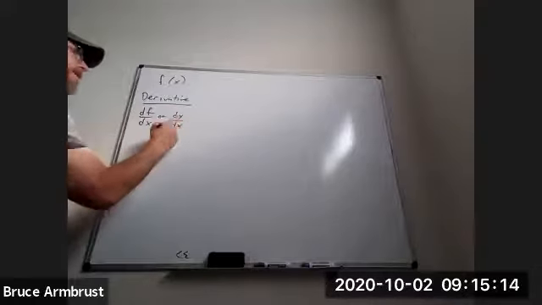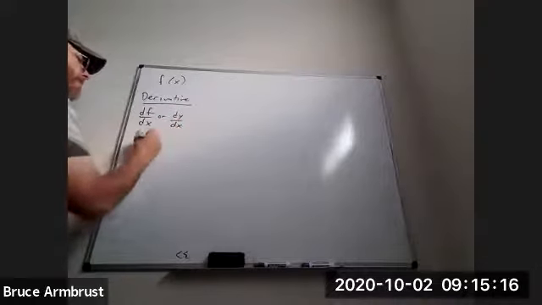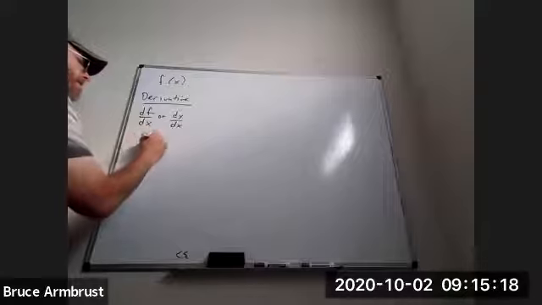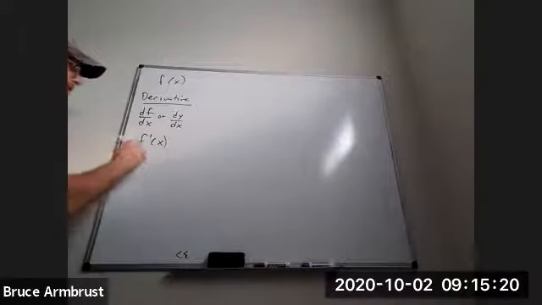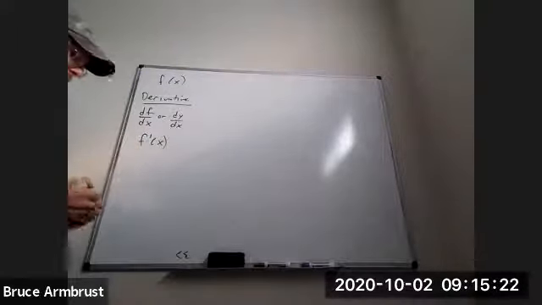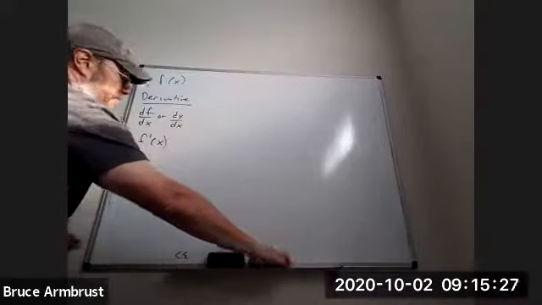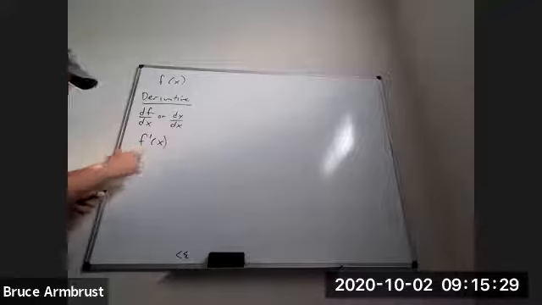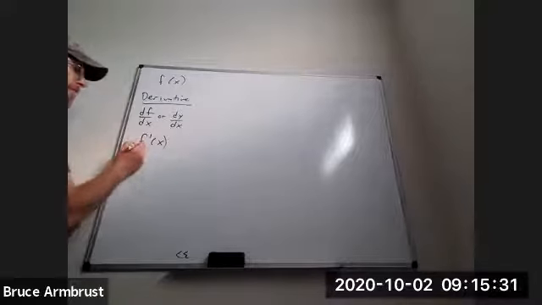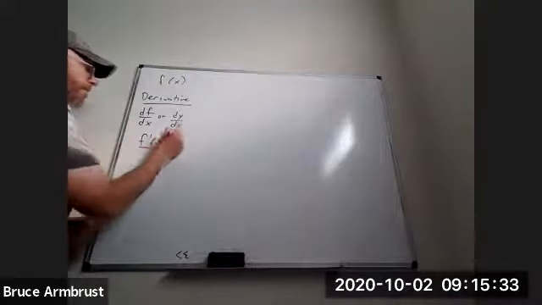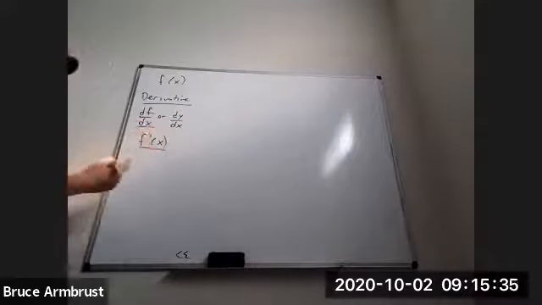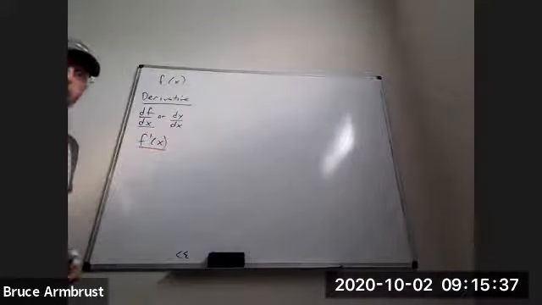Okay, so this is one notation for the derivative. But the other one is this guy, f prime of x. Now, I'll just let you know that I primarily use the f prime. This is the one that I'm going to use the most to show you that we're doing a derivative. But both of these are equivalent. They both mean the same thing.